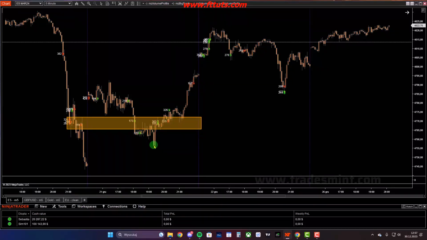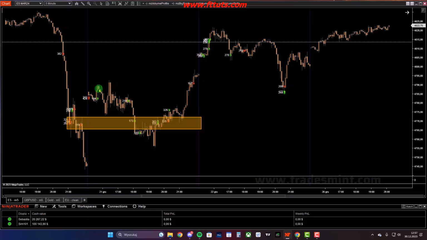We have price manipulation, but I will talk about liquidity grabs in probably two or three next lessons. I just want to show you how it works now in terms of finding supply and demand. So by the end of the session I would mark this as a potential supply, but then the next day I would make a correction: okay, there is a very big chance that we now have new demand.